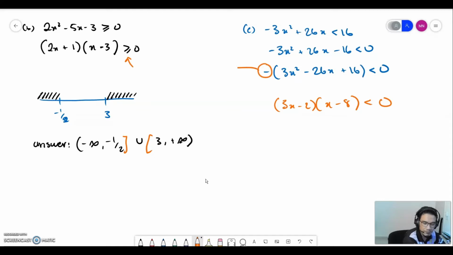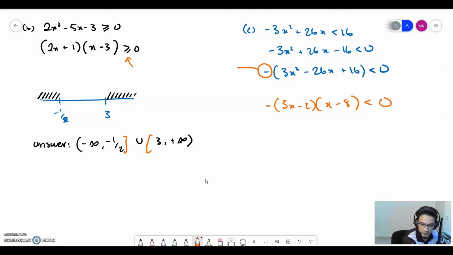So that's why before you key a quadratic inequality, a quadratic equation, into the calculator, make sure you factorize out, so that a is a positive number. So you key in 3x squared minus 26x plus 16, and then you just put a negative sign in front.